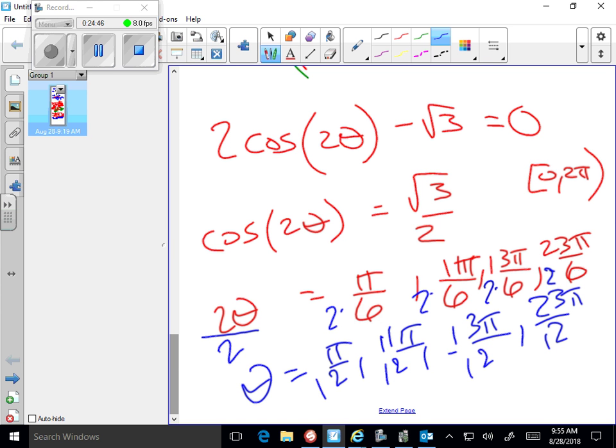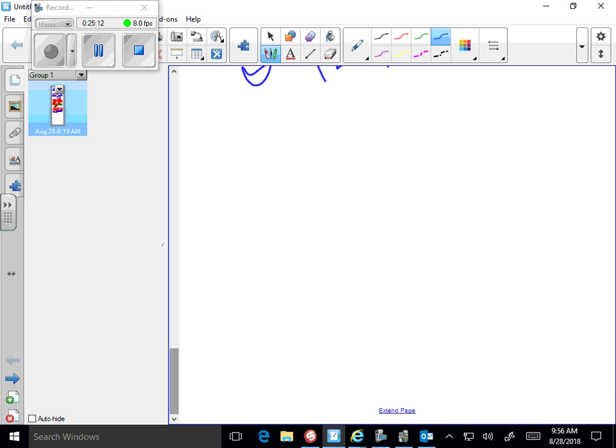Some people have pi over 12 and 2 pi n, and some people have pi over 12 and pi n. I have pi over 12 plus pi n and 11 pi over 12 plus pi n. So let's talk about these. Remember that part that Megan said about going around the unit circle twice? I don't do that when I'm making all solutions.